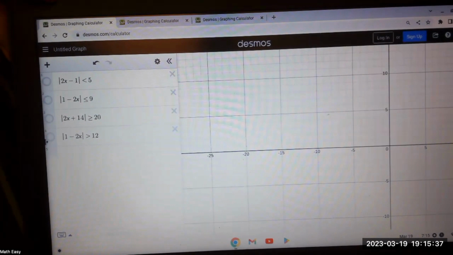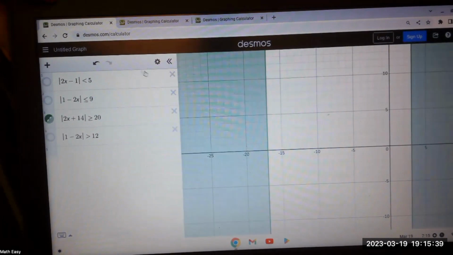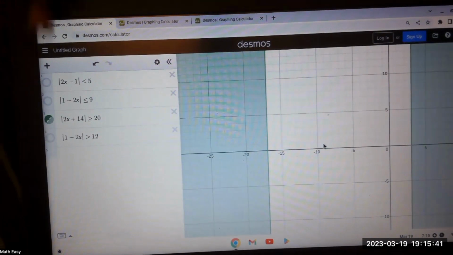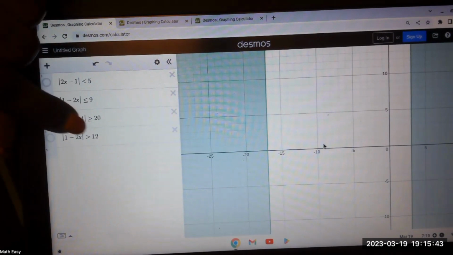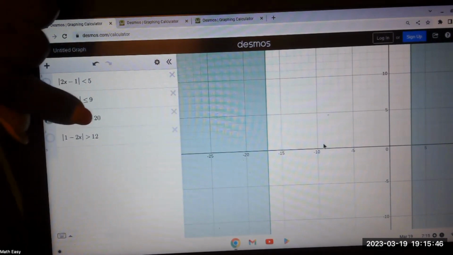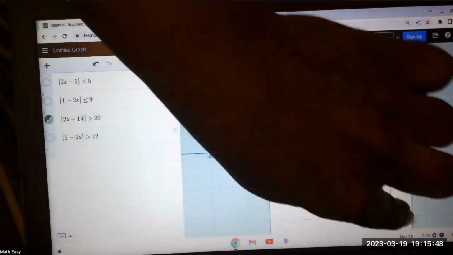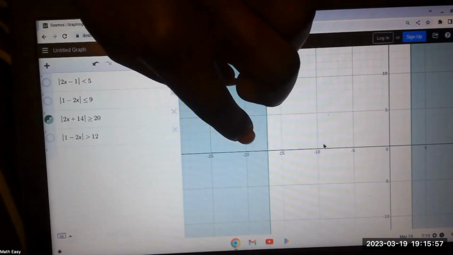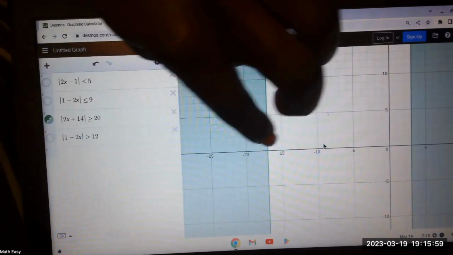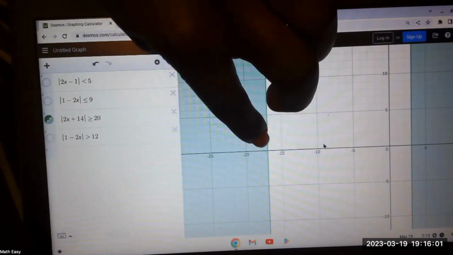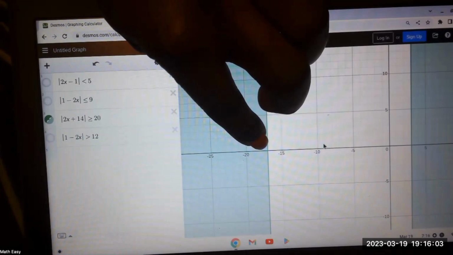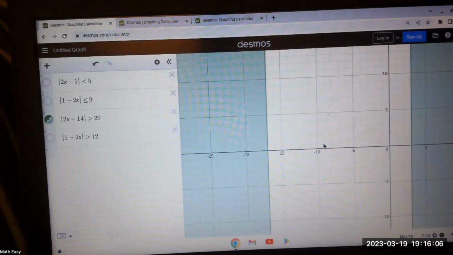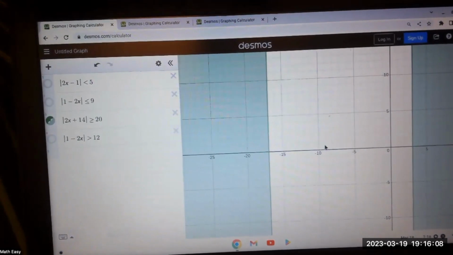Okay, so I am going to do this first one. Again, it's greater than or equal to, so the line would be solid. If you notice, everything here is less than that particular number, so it goes to negative infinity. This number here is between 15, 16, 17, so -17. So we go from -infinity all the way up to -17.